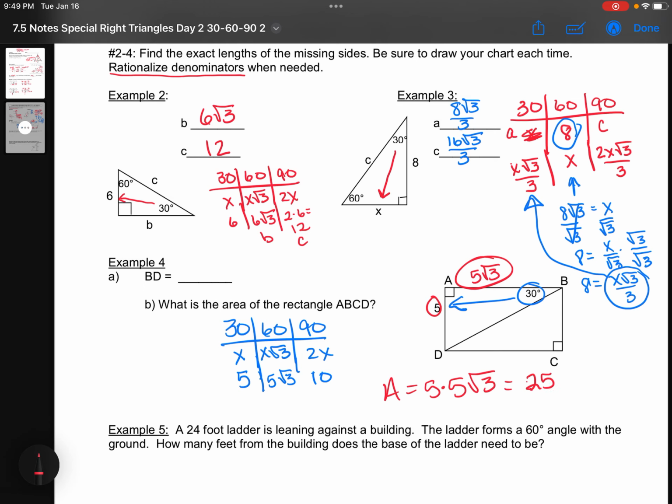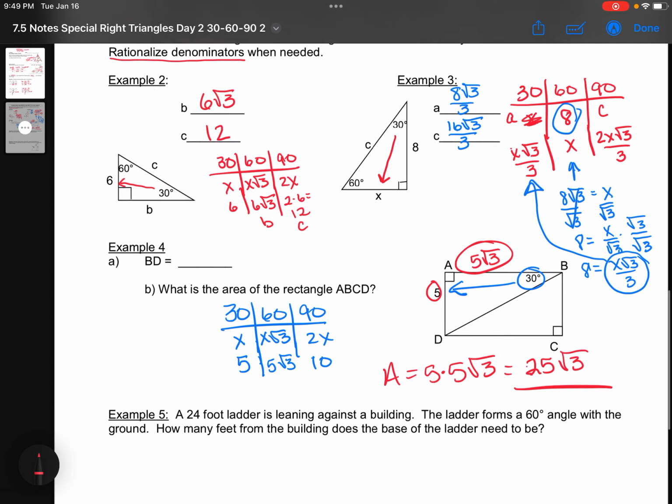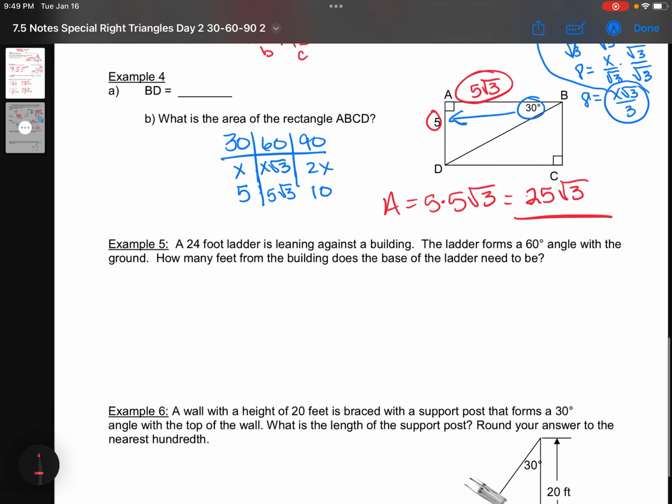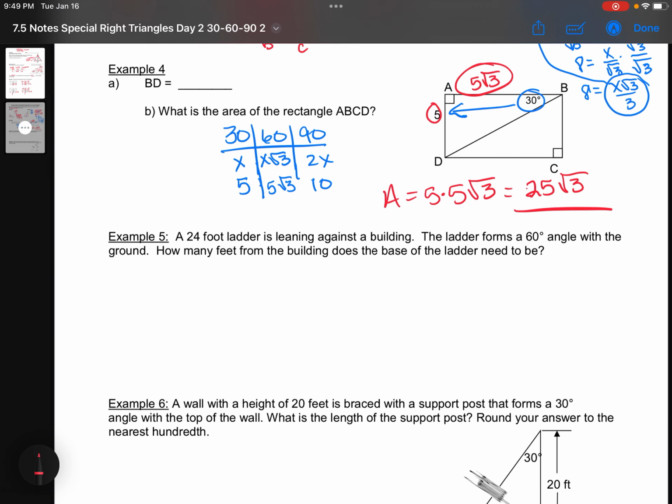And when we multiply the numbers outside together and the numbers that are inside together, that would be the area. Which I guess technically we could make a decimal, which would be 43.3.